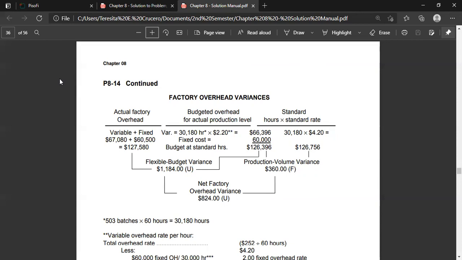Now we have your 503 batches with 50 hours. We have the difference. So for 503 batches at 60 hours, we are now using 30,104, 180 hours. So we have the requirement of 8-14.